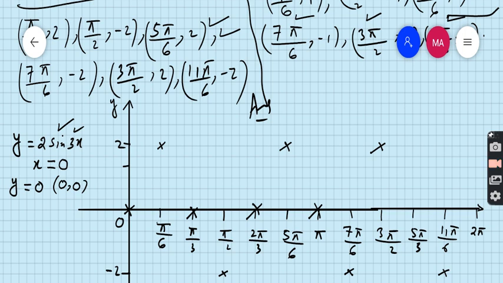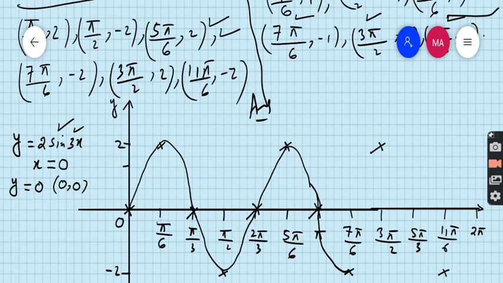Now our graph starts from here. This is the first point, this is the second point, third point, fourth point, fifth point, sixth point. Next, I am missing one point where the value of y is 0.